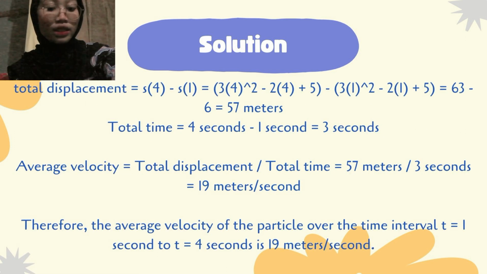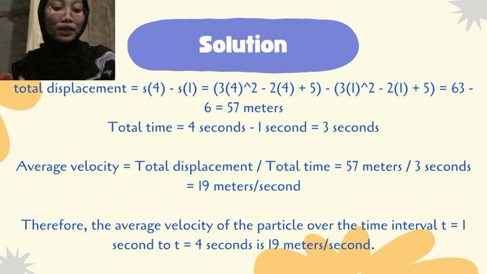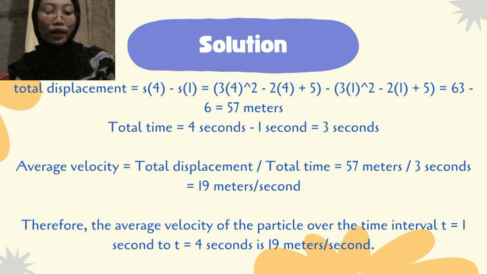Total displacement equals s(4) minus s(1) equals 3(4 squared) minus 2(4) plus 5 minus (3(1 squared) minus 2(1) plus 5) equals 63 minus 6 equals 57 meters.